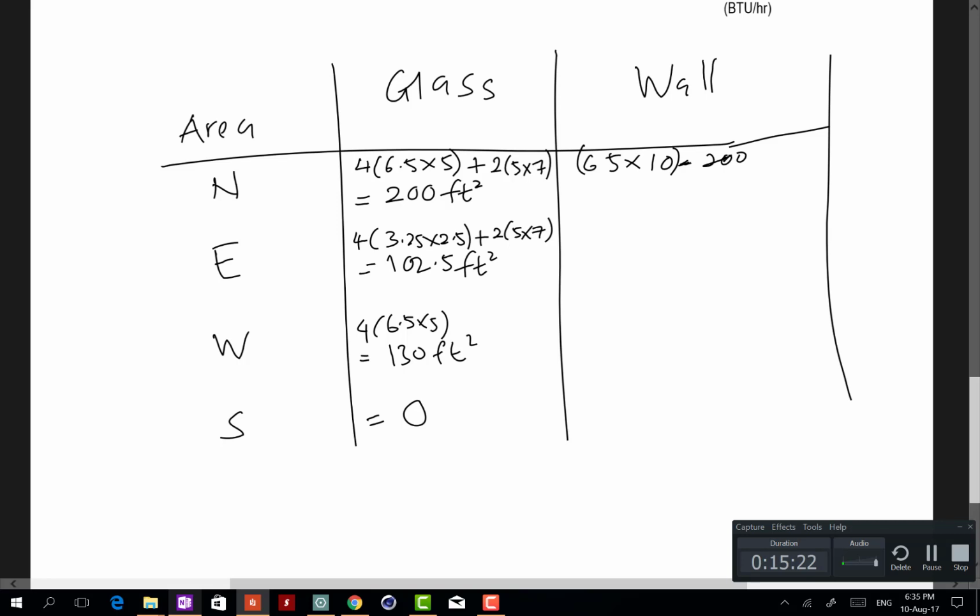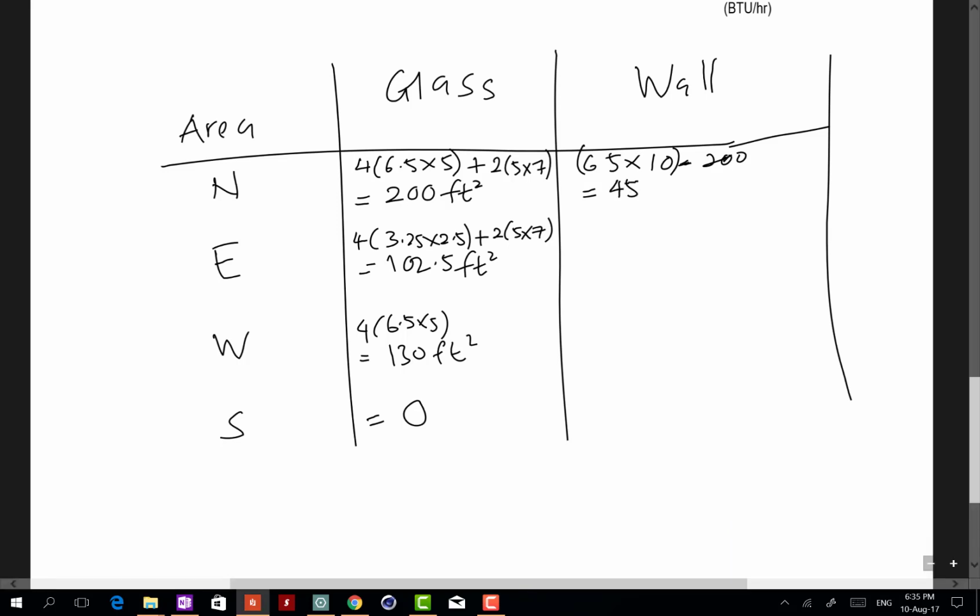So 200 comes from the glass area, so you got the value of 450 square feet.